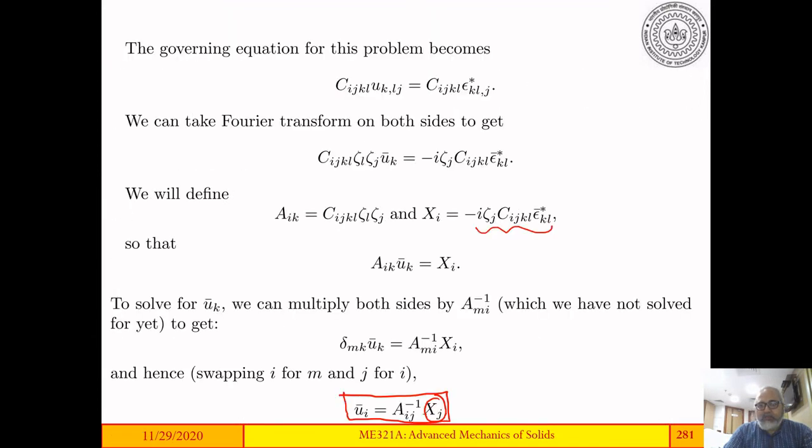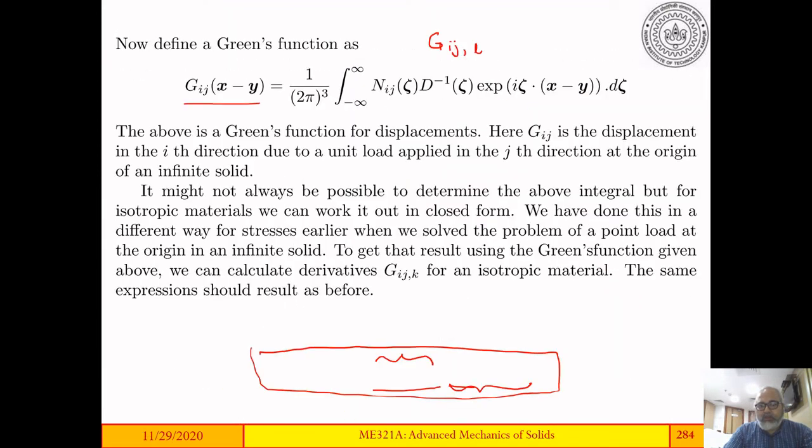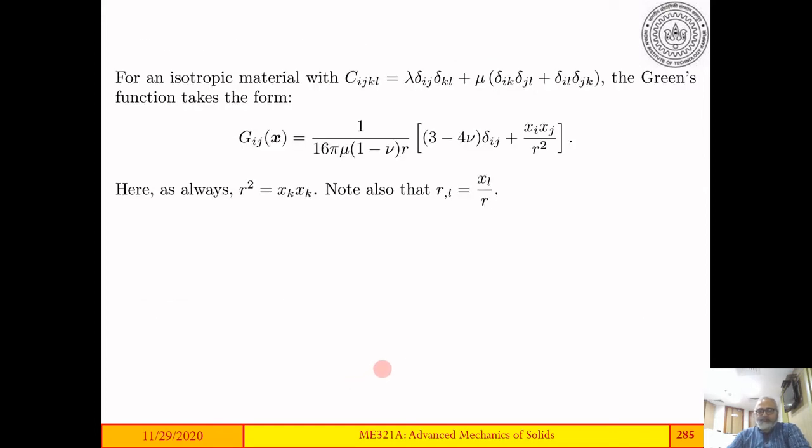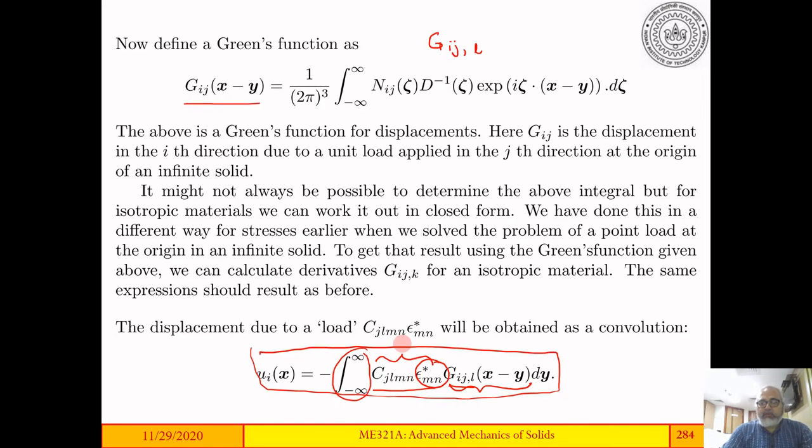Once we have got the general solution for ui, we now have to use the fact that epsilon star for Eshelby is a constant within omega, and it is equal to 0 outside omega. So this integral now becomes an integral over omega only, and epsilon mn star comes out of the integral, so that we now have a simpler integral to evaluate.